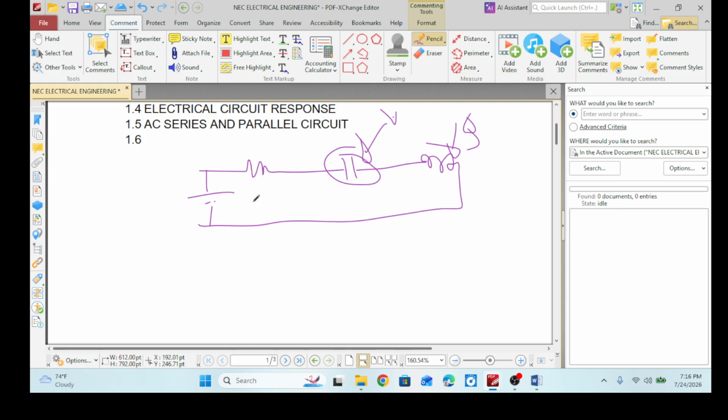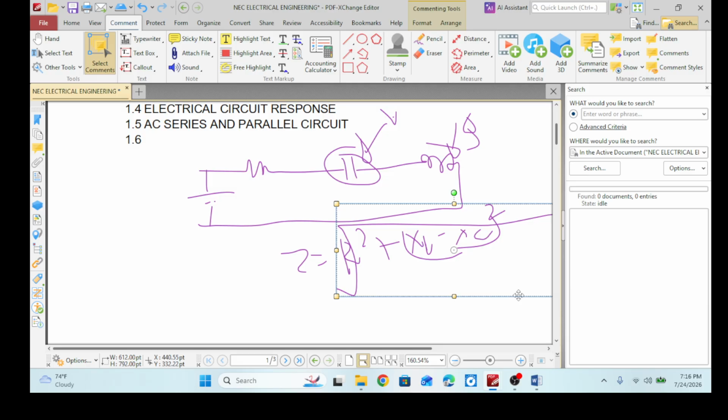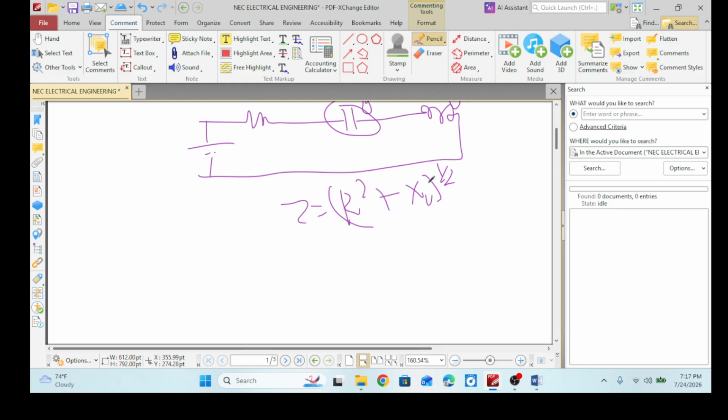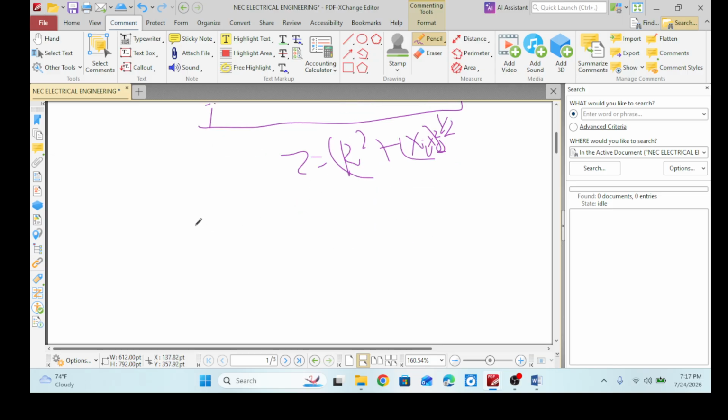The magnitude of the impedance of an RLC circuit would be Z equals the square root of R square plus (XL minus XC) whole square, that is, R square plus (XL minus XC) whole square, whole to the power 1 by 2.